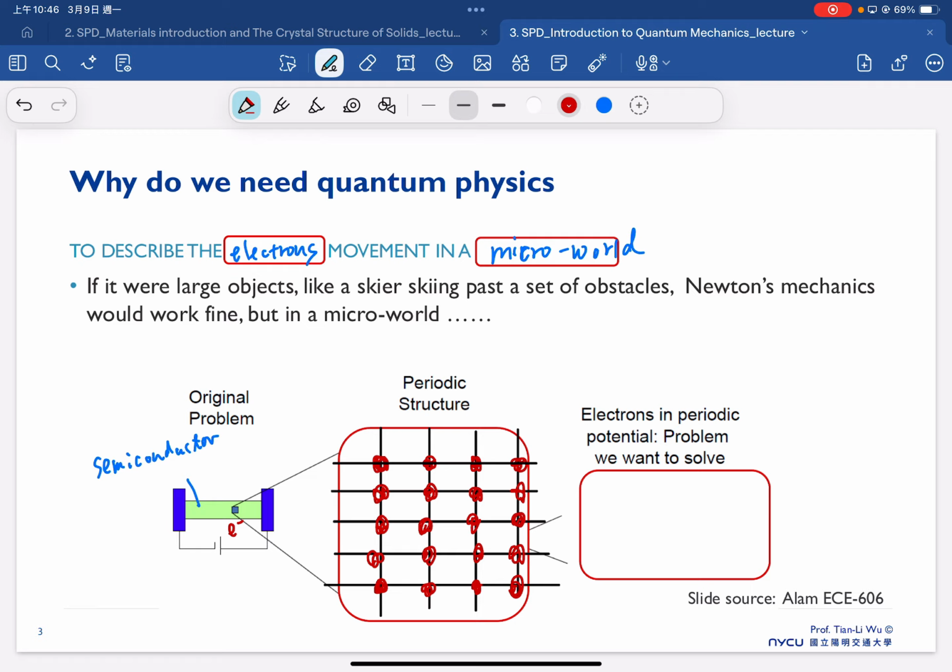So now the question of one electron moving in the material becomes electrons moving in a place that has a periodic structure.